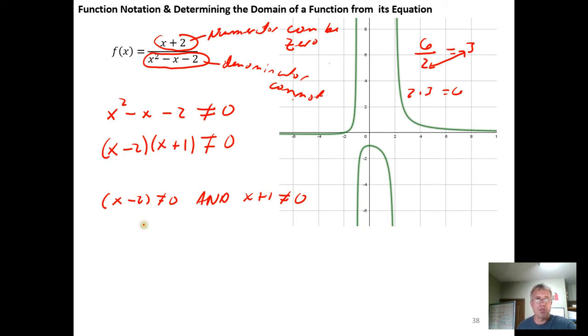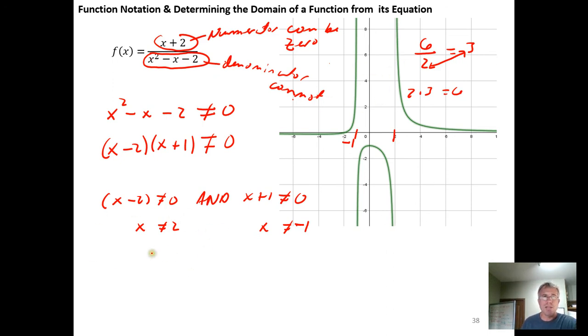And then we add 2 to both sides. We get x cannot be 2, and x cannot be, we would need to subtract 1 from both sides, negative 1. And in fact, where the funky behavior of the graph occurs is at negative 1. And if you try to plug in 2, you can see some funky things are going on with the graph. And we'll explore that later on in the term.